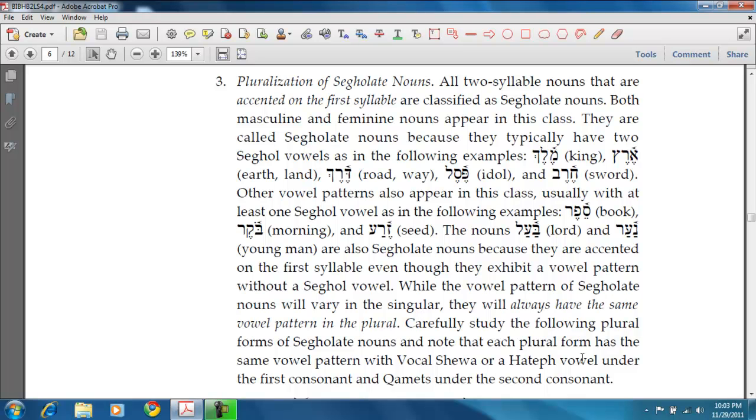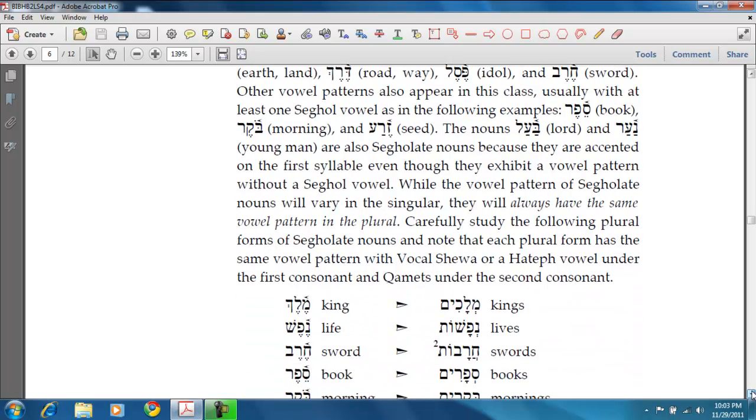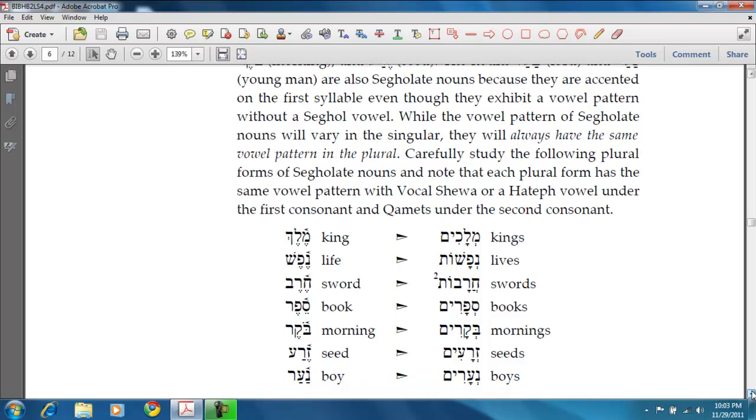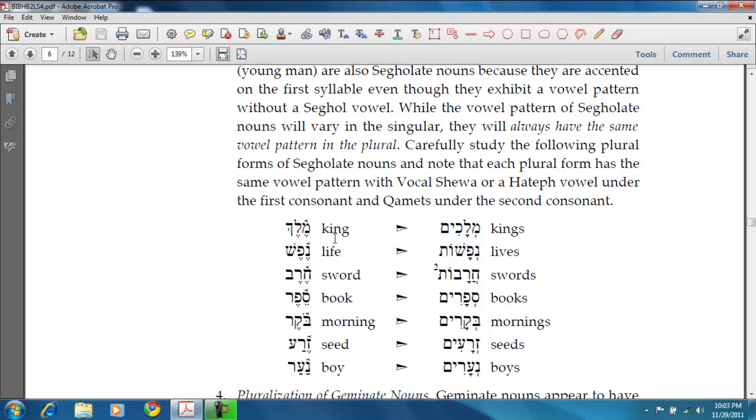So what we need to do is go through the plural and look at how these change. Okay, here it goes. We got melech. And melech in the plural is melachim. So you have a shva under your propretonic syllable. You've got your accented syllable, tonic, then pretonic, and then propretonic.